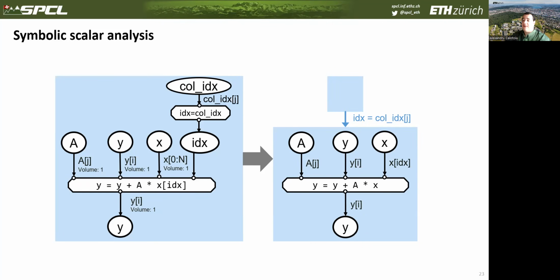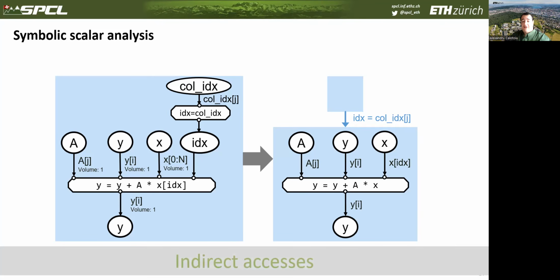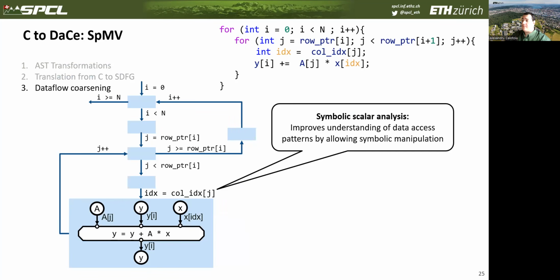We transform the index access to the array X in this example from a data access to a symbolic access, allowing our symbolic analysis engine to play with it. This fixes the issue of indirect accesses not being analyzable. The transformed code would look like this, and now it allows us to reason about how X is accessed.